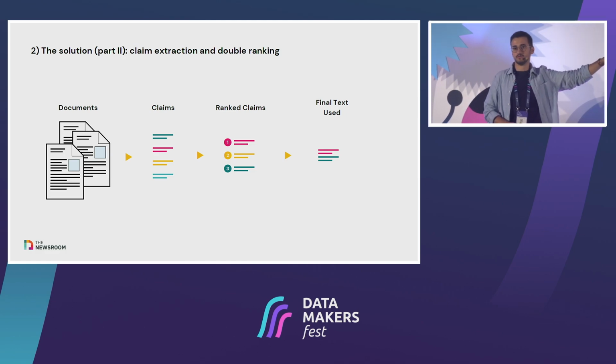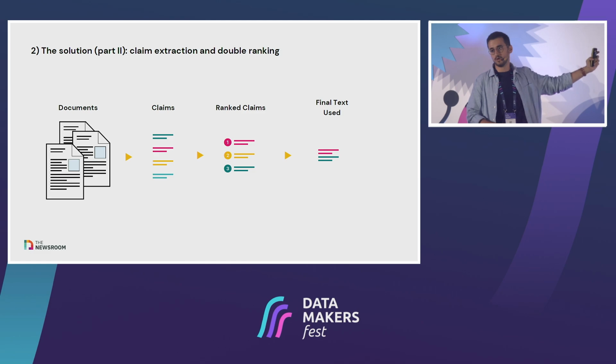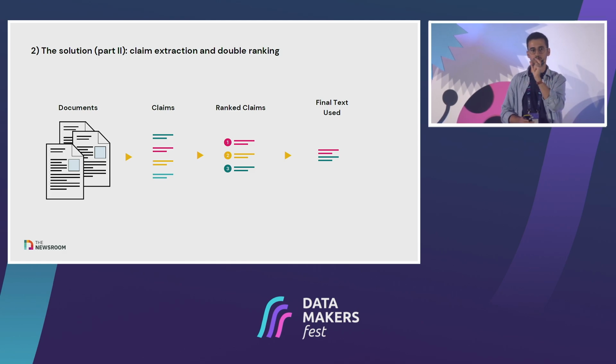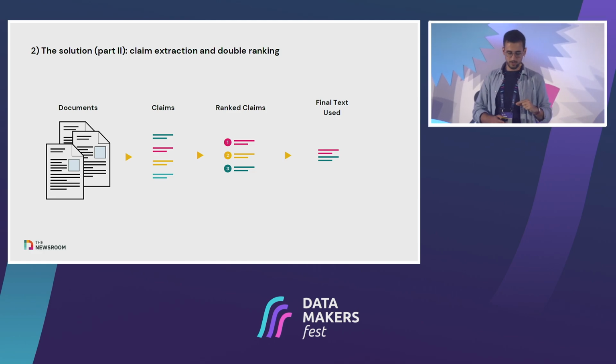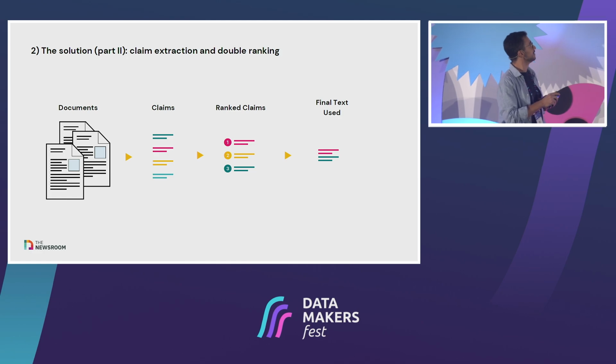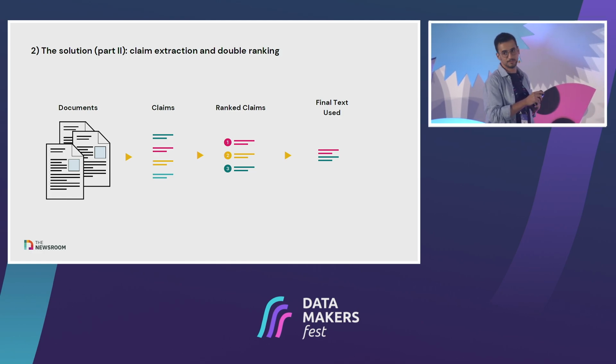We store all of these in our database, and we do the exact same process with the query that the user is asking. In the query I showed before, there are actually two pieces of information being asked about: who won, and how did they form governments? Through this process, we're able to rank all of the claims that we have, and cluster them and say, for example, okay, these two claims are saying more or less the same thing.